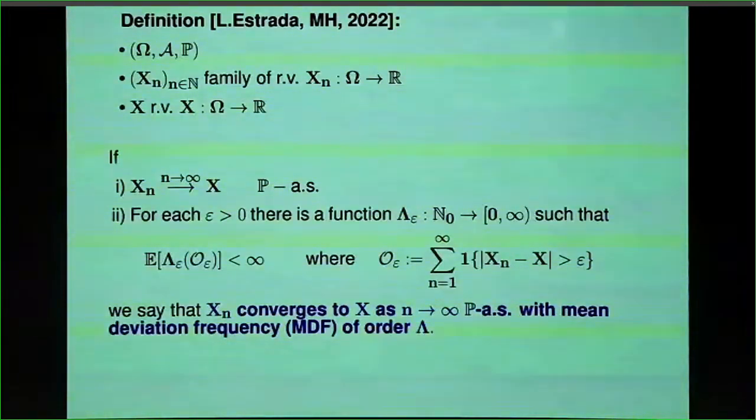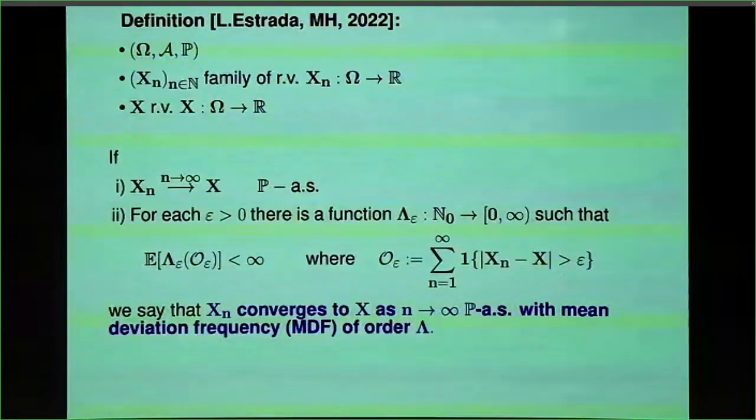So what we do is we call something almost sure convergence with mean deviation frequency of order lambda if for any epsilon there is a function, just some kind of weight, such that for each epsilon we have some kind of finite moment, where the O epsilon was just the overlap, the counting of how many times you will trespass the difference of order epsilon before you finally comply, because it converges almost surely.